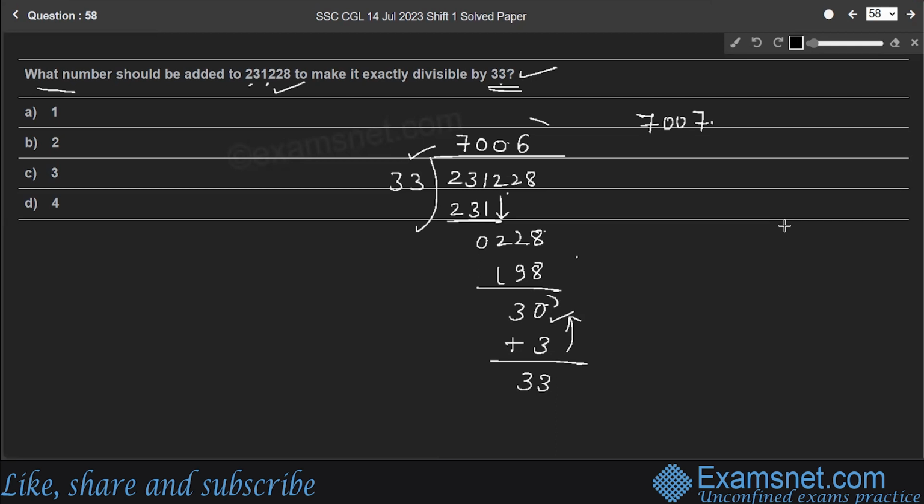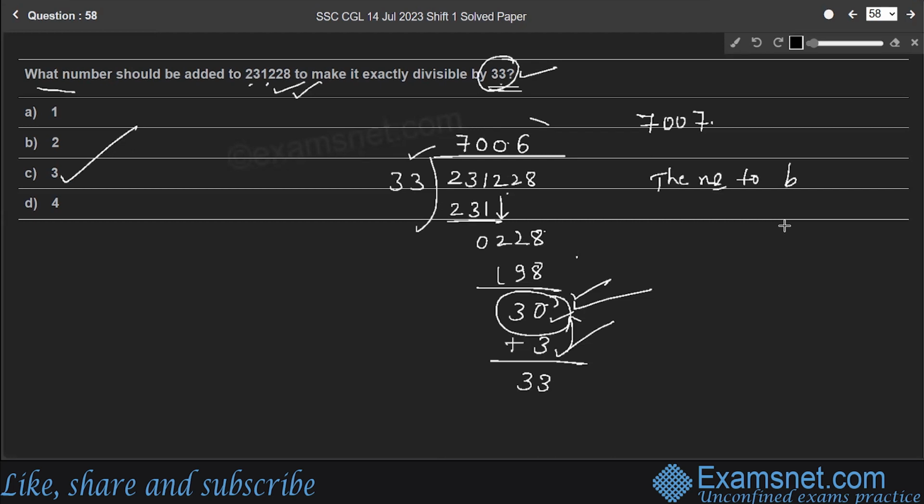So the divisibility of a number depends on the remainder here, right? Here the remainder is 30. Therefore, 3 should be added to the given number. So then only it can be divisible by 33, right? So the number to be added is 3.